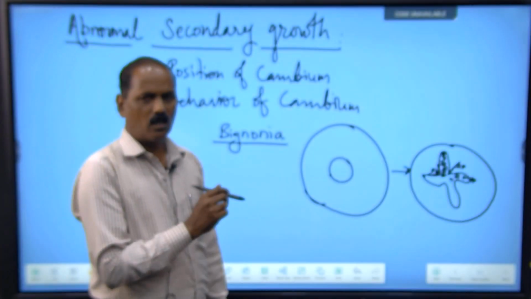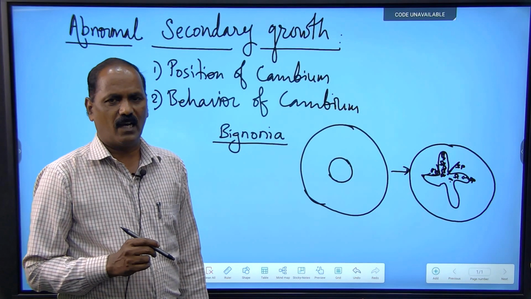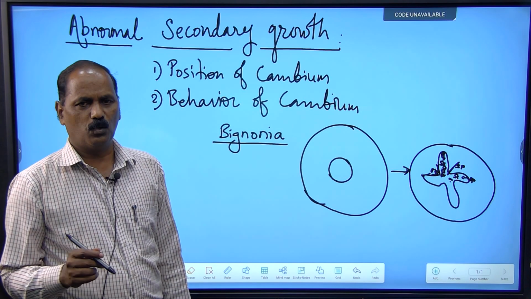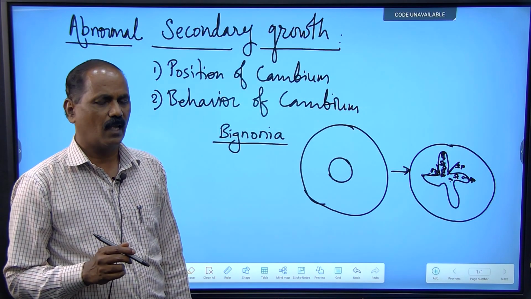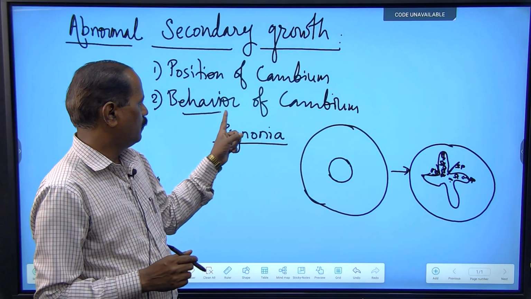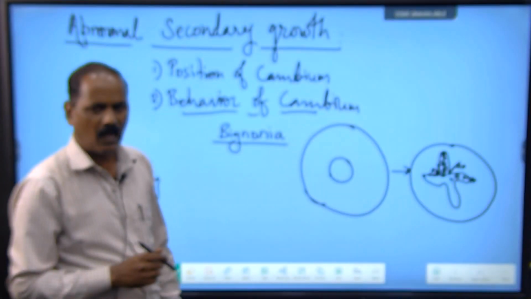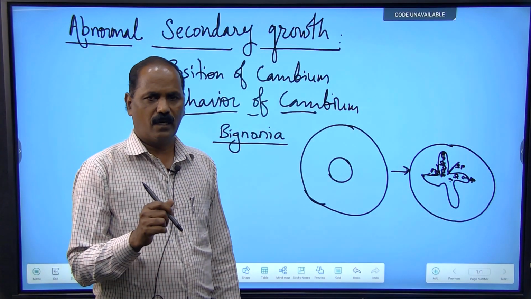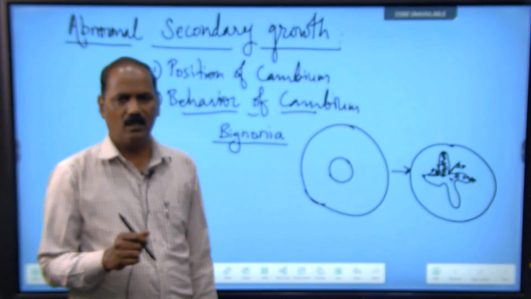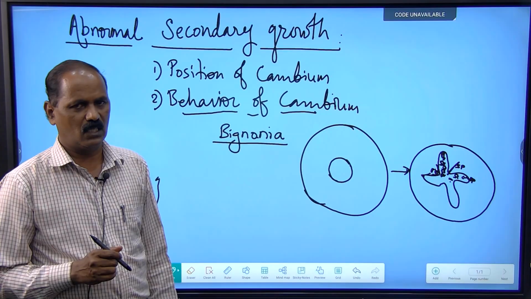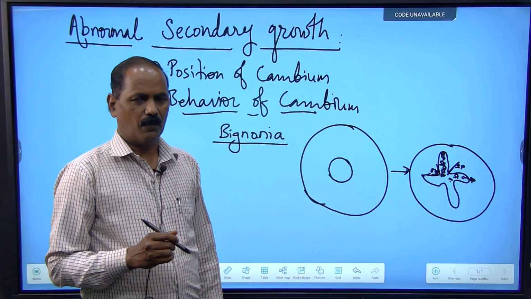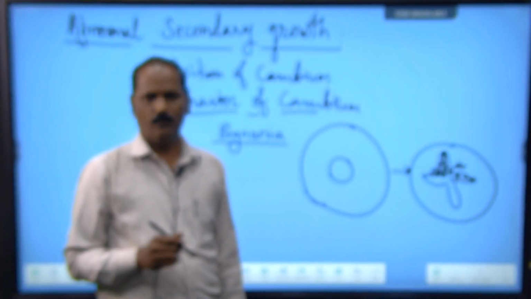It clearly indicates that in some cases the cambium is not behaving normally, and hence we can clearly say that Begonia-like plants show abnormal secondary growth, and that is because of the abnormal behavior of cambium. This is a well-known example of abnormal secondary growth due to abnormal behavior of cambium. Thank you.